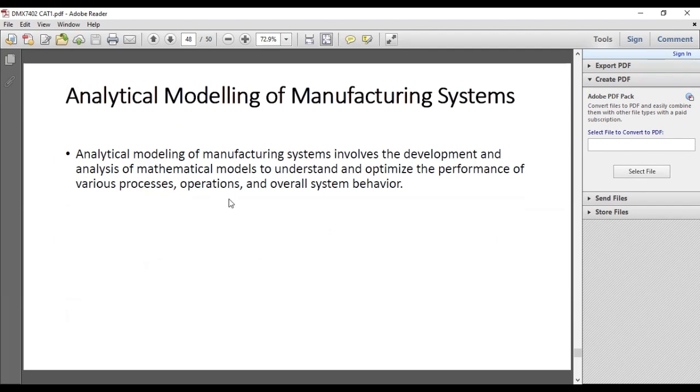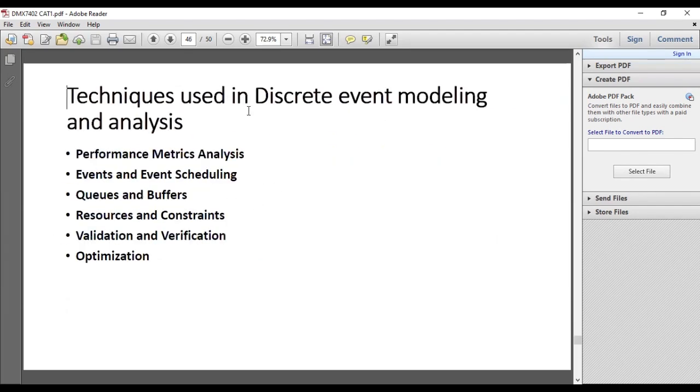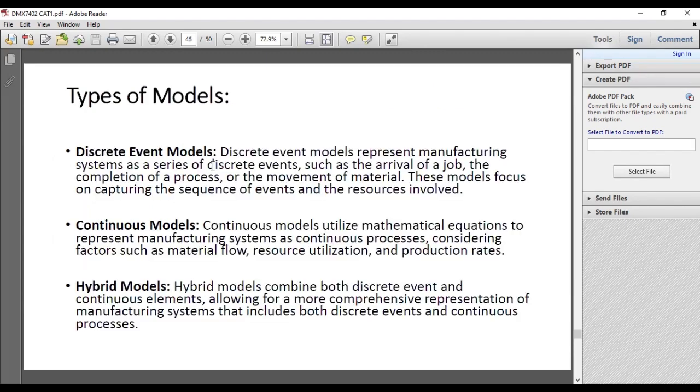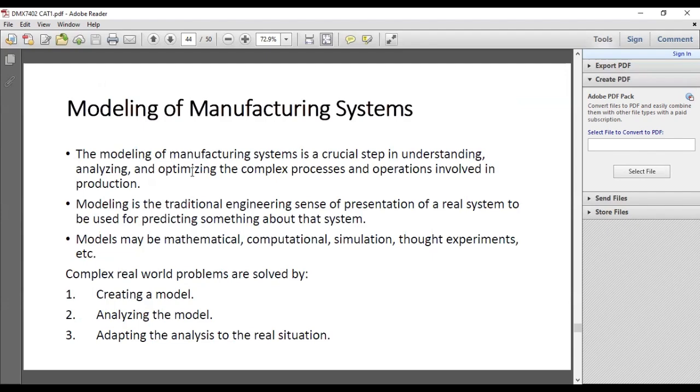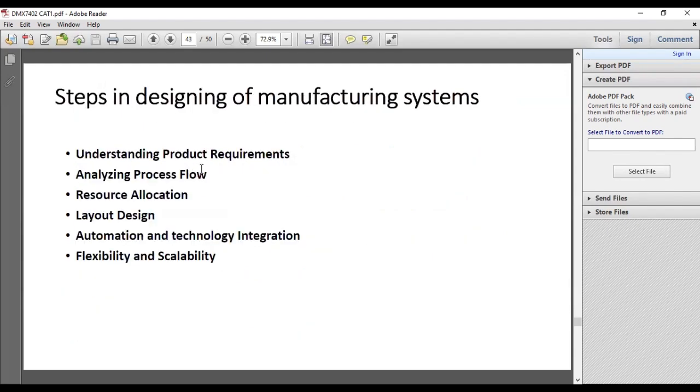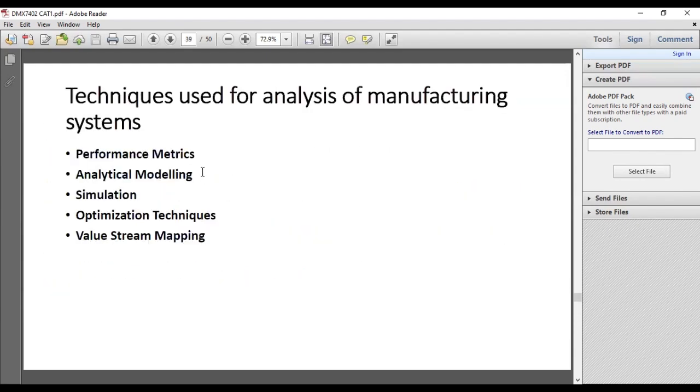One technique is analytical modeling. These are the techniques we discuss for how manufacturing systems are analyzed.